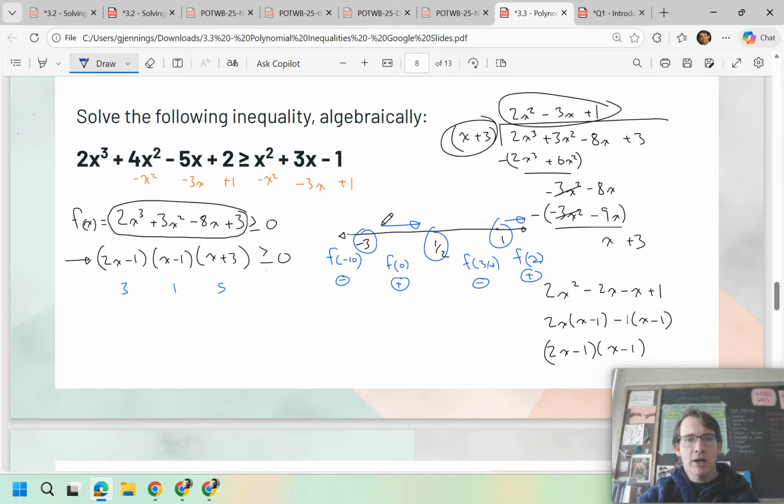I can write that in interval notation as square bracket, minus 3 to 1/2, square bracket, union, square bracket 1, round bracket infinity, because we never include infinity. So that would be a way of representing that one.